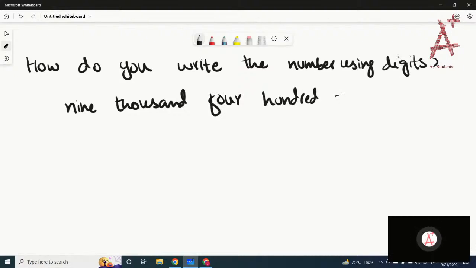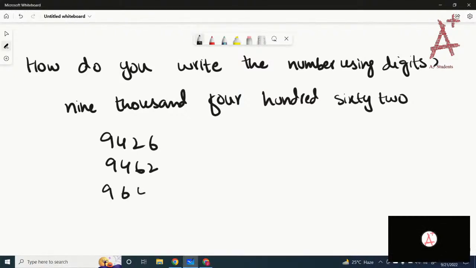So you are given 4 of the options, and the options are 9426, 9462. The third one is 9642. Okay, so you need to see which digit is at the thousand place.